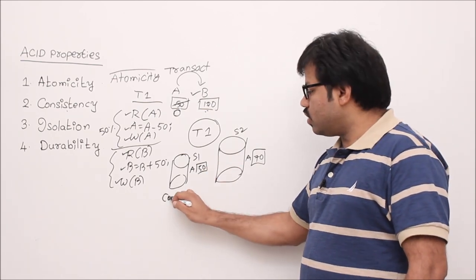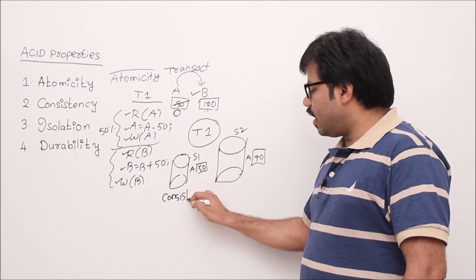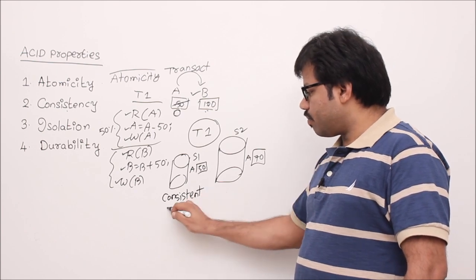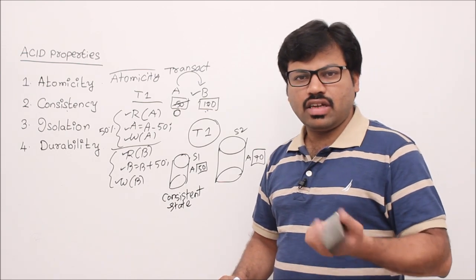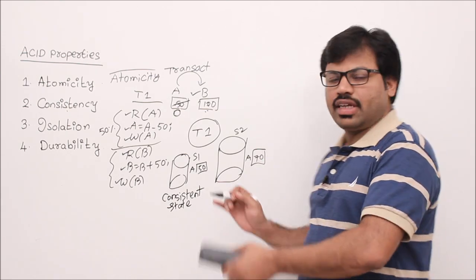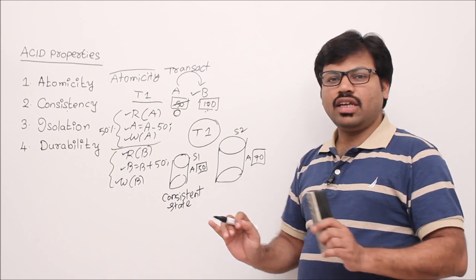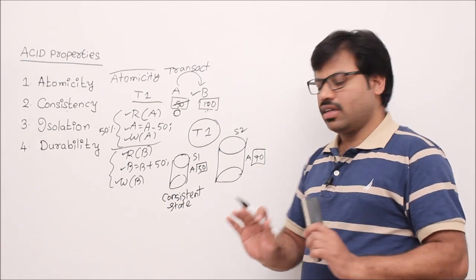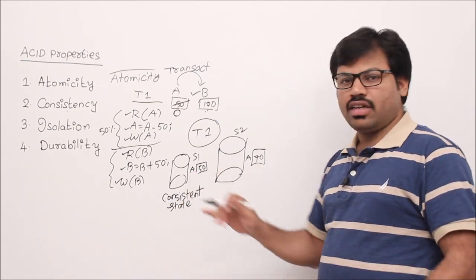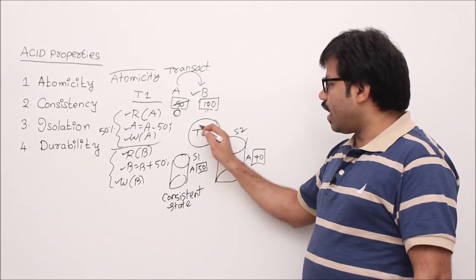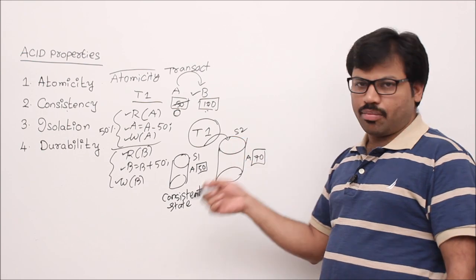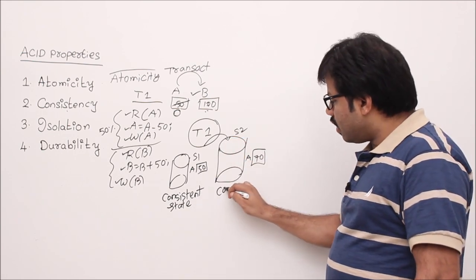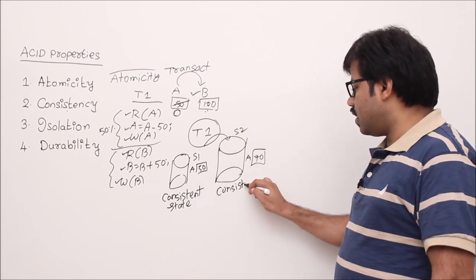Initially I assume that the database is in a consistent state. If the database is not in a consistent state, then that is not a good idea, right? That is not a good design. First assume that your database is correct, that means consistent. Now after executing transaction T1, if it goes to another state, that database also should be in a consistent state.